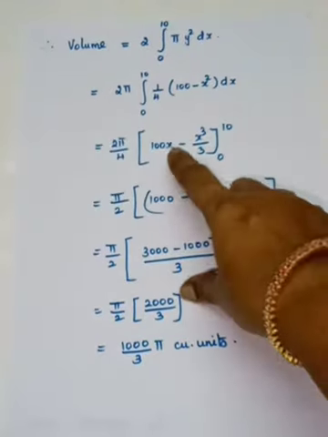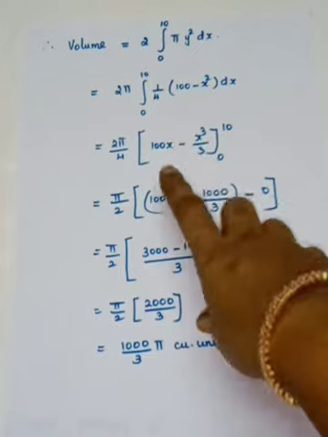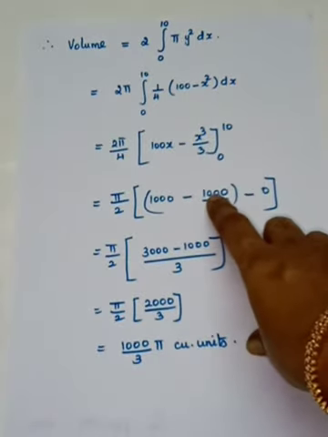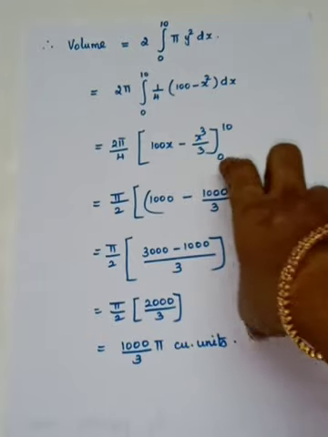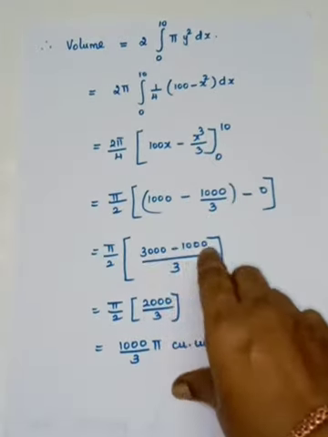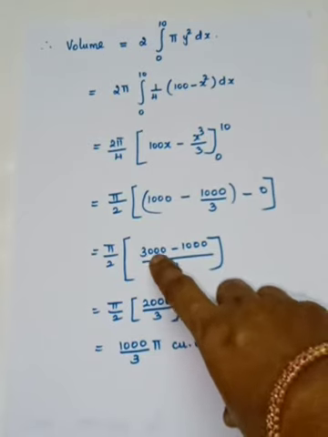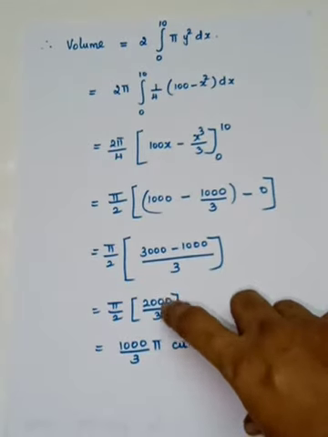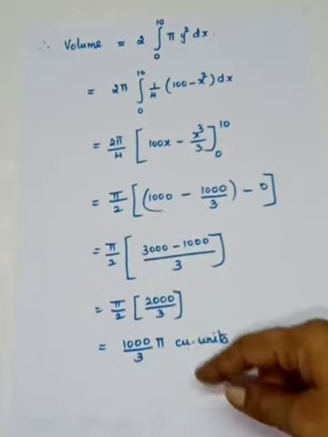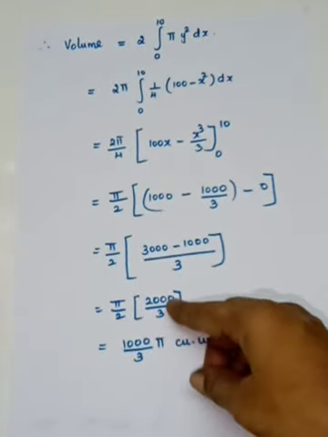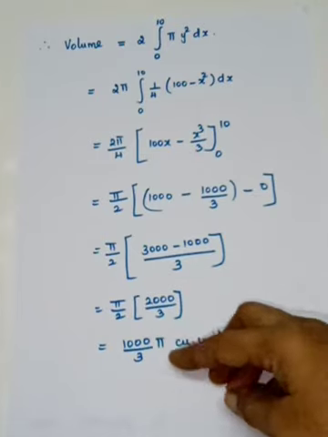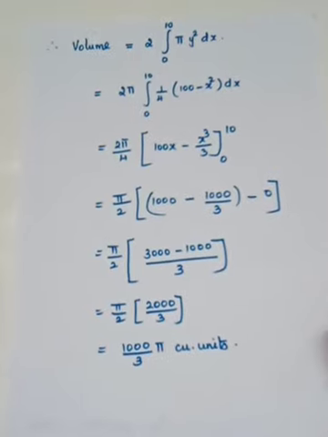If you apply the upper limit 10, it is 1000 minus 1000 divided by 3. When you apply the lower limit, it is 0. If you take LCM, 3000 minus 1000 divided by 3, that is 2000 by 3. Here 2 pi by 4 can be written as pi by 2, so the 2 and 2000 get cancelled. So you will have 1000 pi by 3 cubic units.